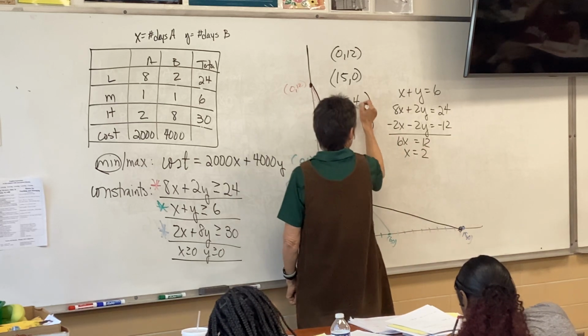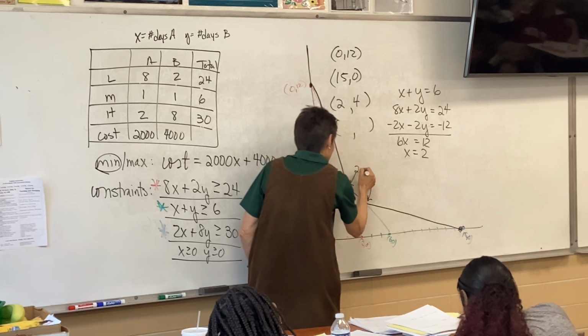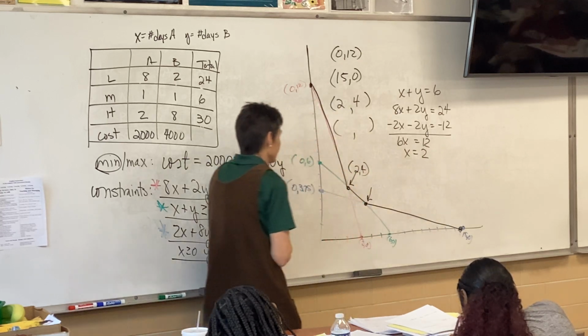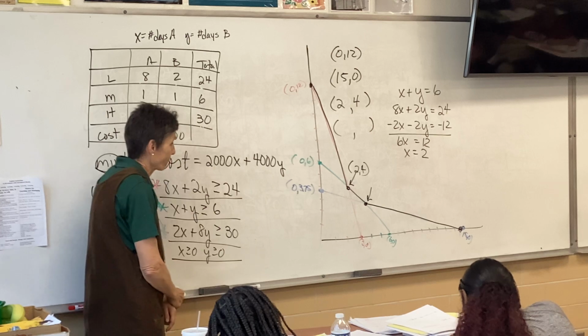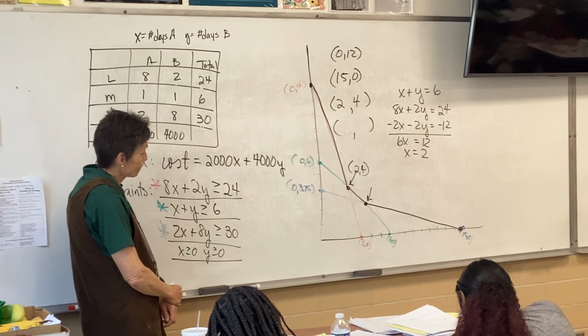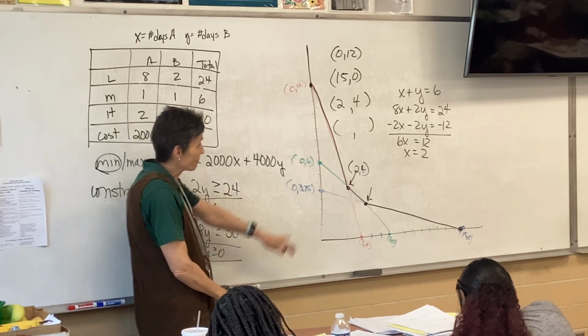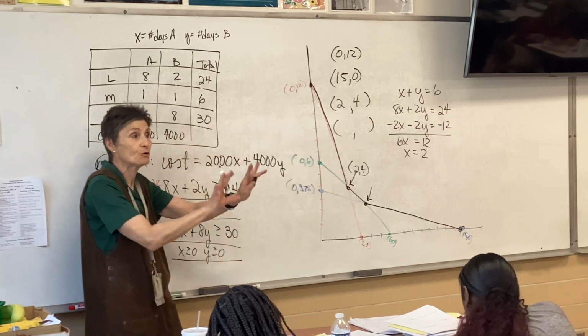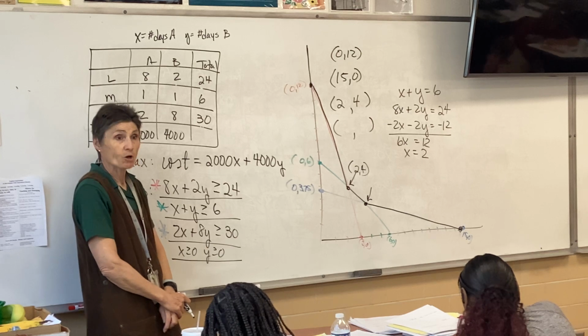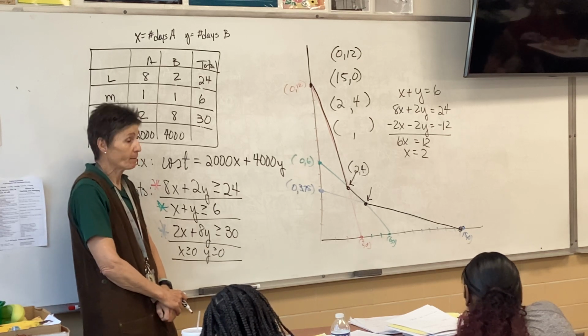I got 2, 4 for this guy. Did I go too fast? Everybody follow what I just did? I eliminated, you can do something different. But I solved that system to get 2, 4.